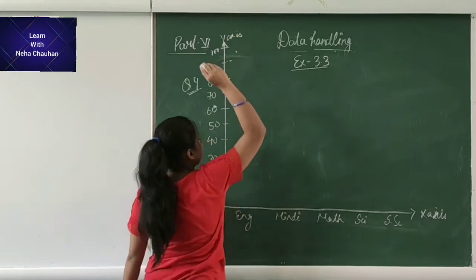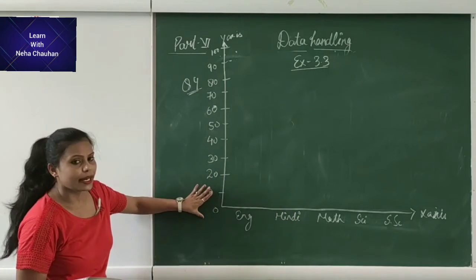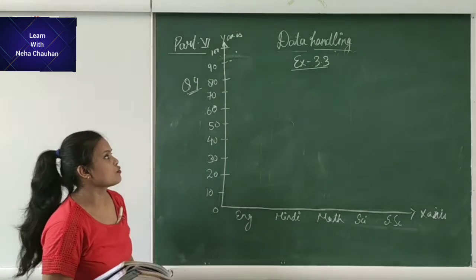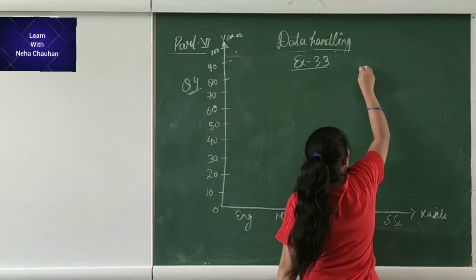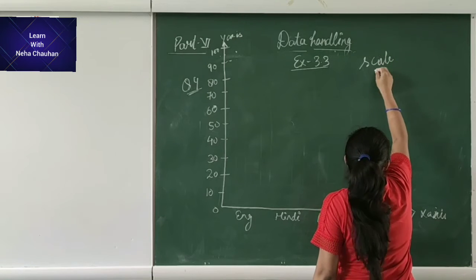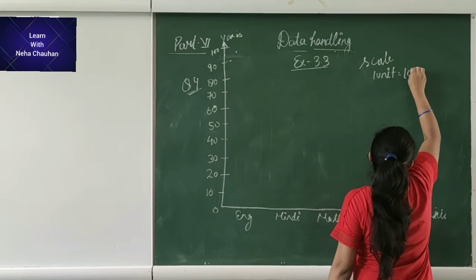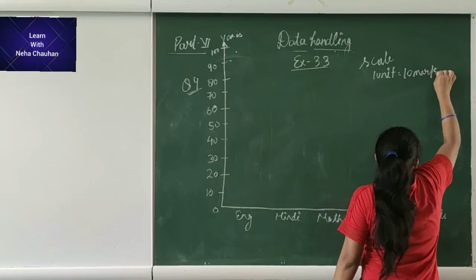Now as we have taken the scale of 10 marks on the y-axis, we have to write it on the right corner of the graph, that is, 1 unit is equal to 10 marks. Okay.